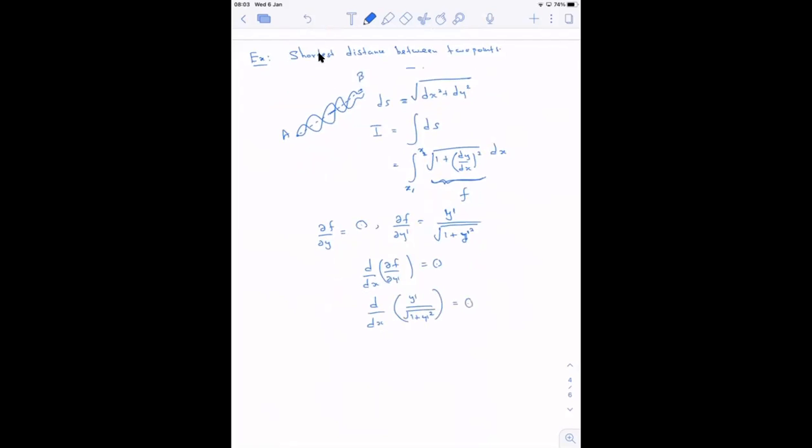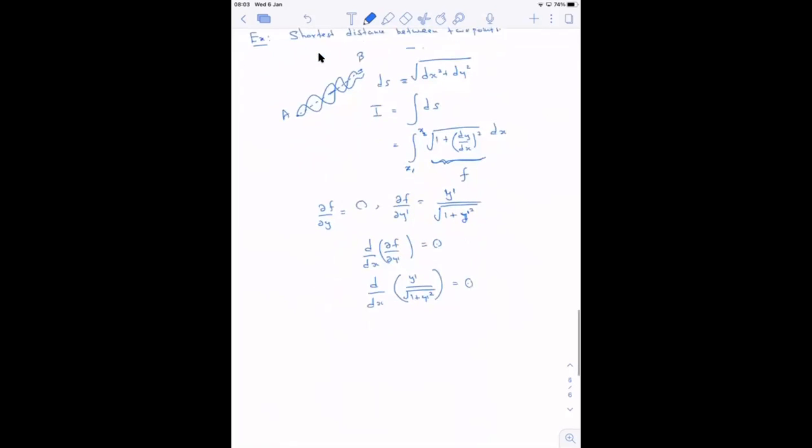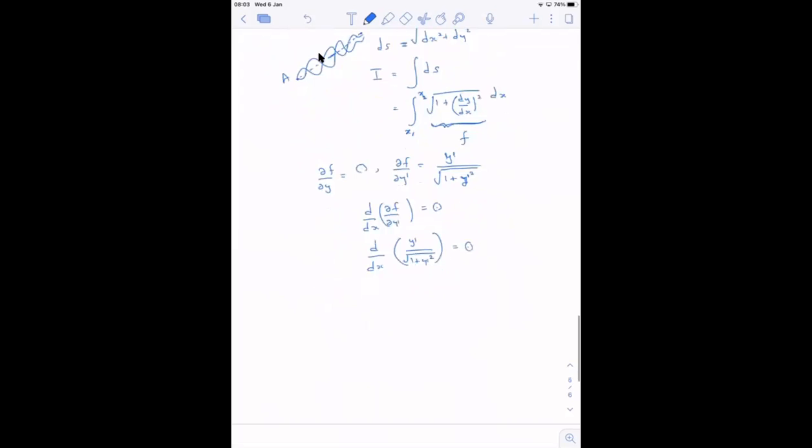That means y dash over the square root of 1 plus y dash squared should be equal to a constant. Let me see, this is c, this is a constant, right?